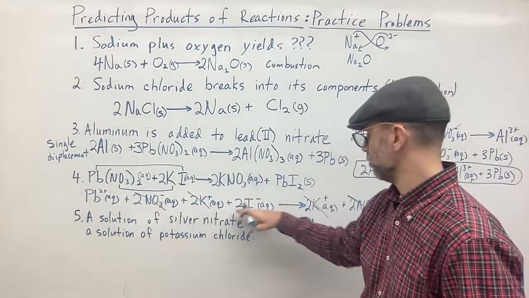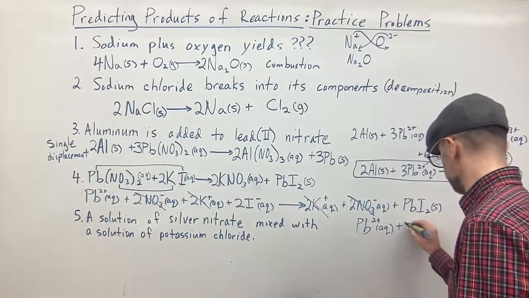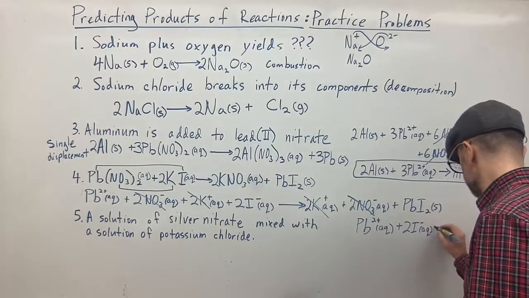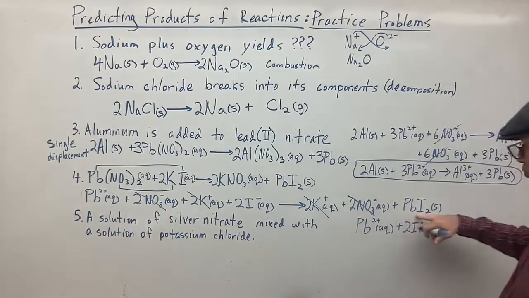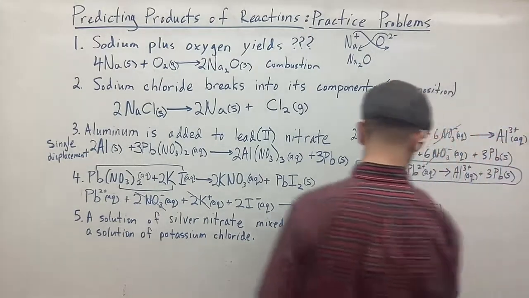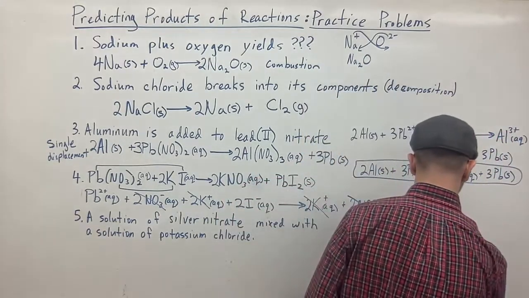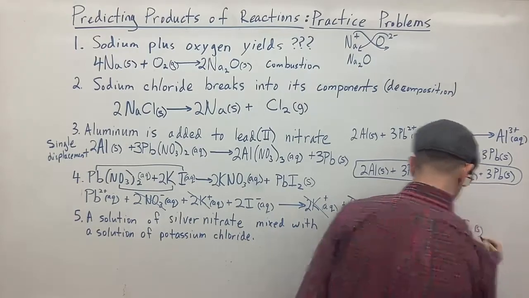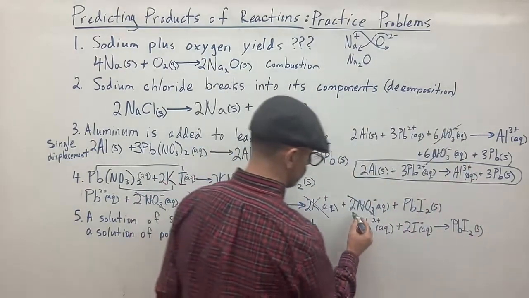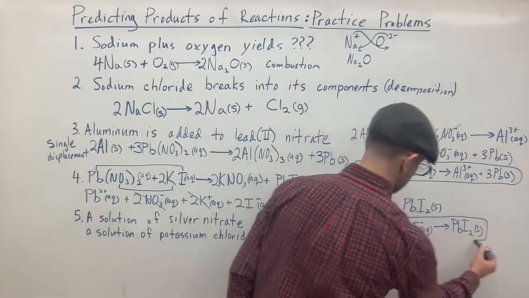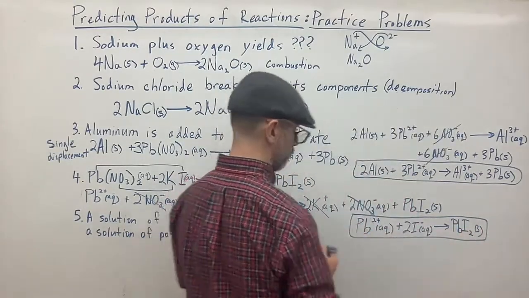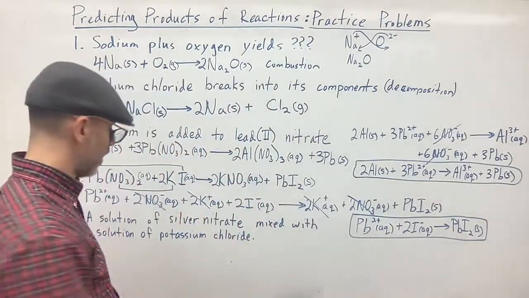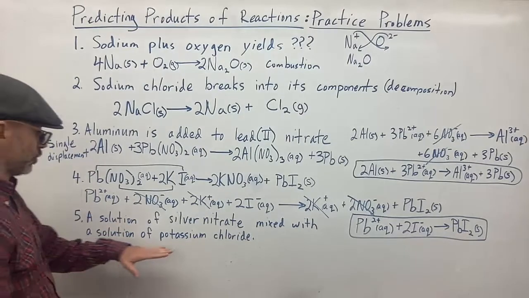These are gone, and then we have plus 2I minus aqueous, and that's going to go to this product here, PbI2 solid. So this would be our final equation for this reaction.